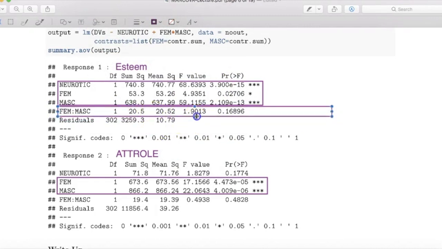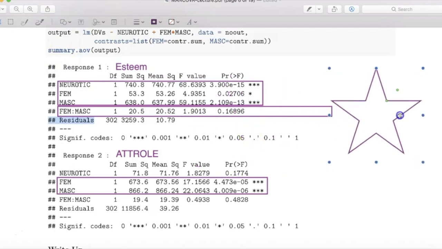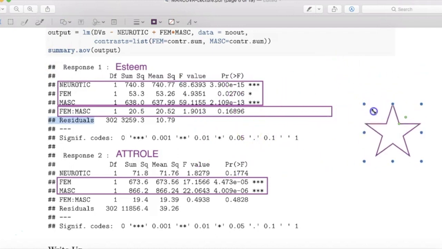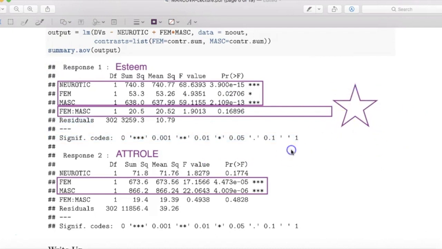And I want that interaction to not be significant. Again, because if it was significant, it means that the covariate is working differently for a certain group. I don't know which one, but it would be working differently for a group. I just put a little star because that's really what I want you to look at here.